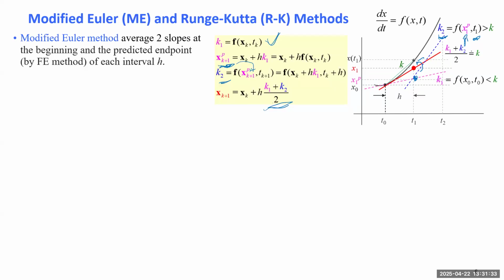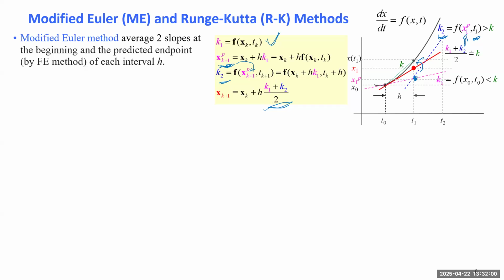All right, so what is the order of this method? It's called the modified Euler method. The Euler method or forward Euler method is a first order method because basically you use the first order derivative to approximate the curve, right? But here I involve two slopes. I have the slope at the beginning, I have the slope at the ending point, and I also calculate the average.